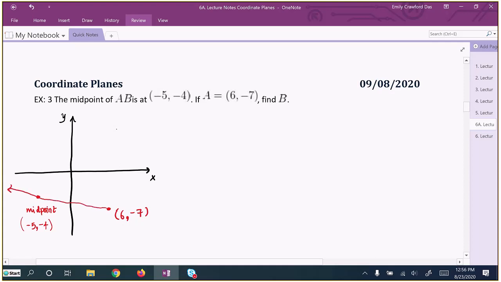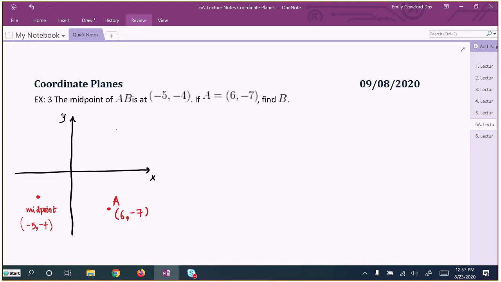So B's out there somewhere. Okay, so we want to find a B where the midpoint of the line segment AB, if this is A, should be as given. So B is somewhere on the left side.